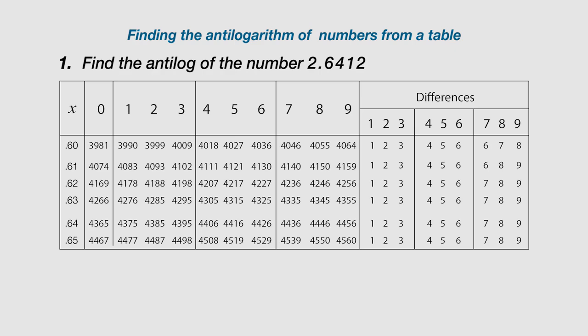We then evaluate 4.377 times 10 raised to the power 2. Now this will give us 437.7. And therefore, the antilog of 2.6412 is equal to 437.7. Good.